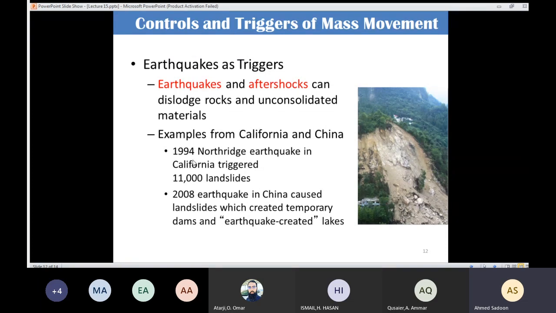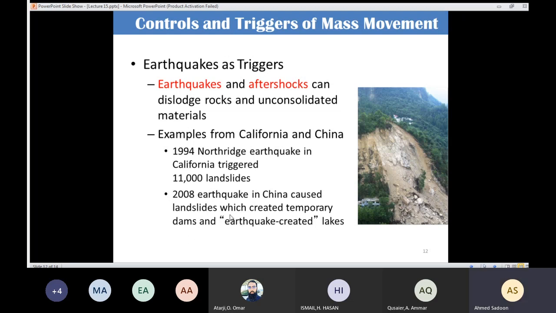An example of that: in 1994, the Northridge earthquake in California triggered about 11,000 landslides. It's a real catastrophe. Also in 2008, an earthquake in China caused landslides, which created temporary dams, which means that the landslides blocked the river channel.